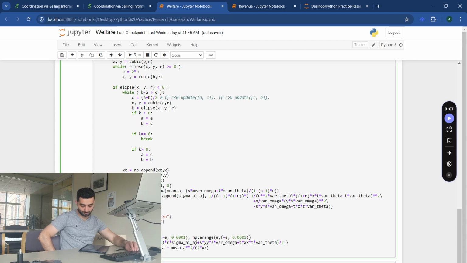Then we have minus t over 2 times sigma AI theta I, which is x times t sigma theta I var theta, exactly, minus mean A squared over 2 over x. Perfect. And so we are saying that it is the formula for sigma AI squared over 2. So this should be minus 1 AJ.